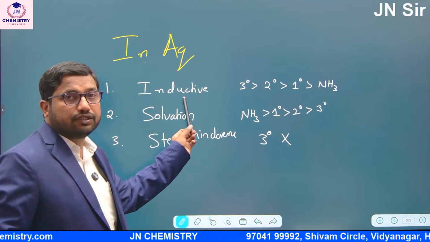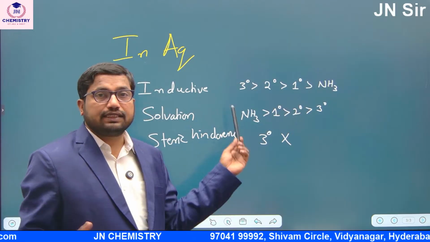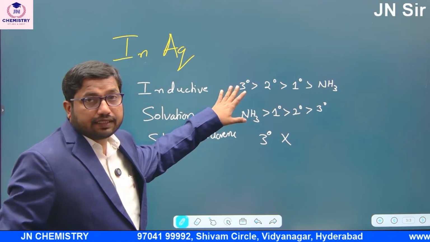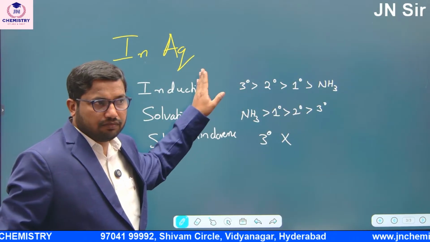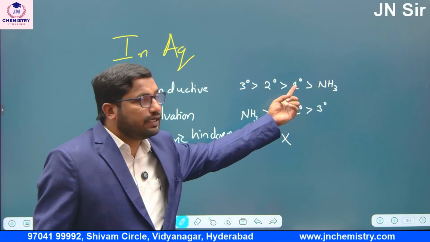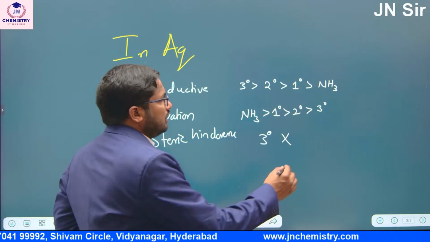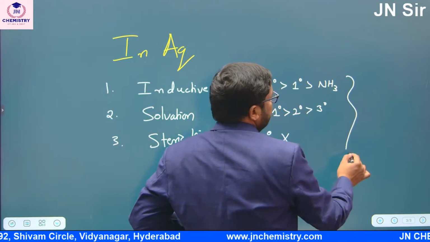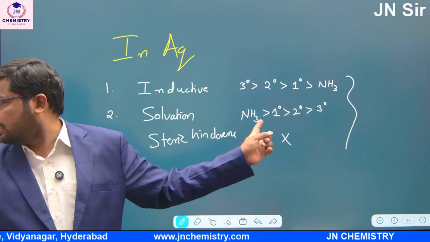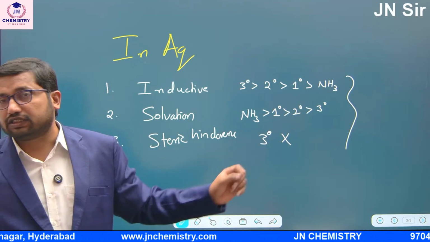I already explained inductive effect. 3 degree means it is directly attached to three plus I groups, so it is more basic because more electrons are coming, then 2 degree and 1 degree. But in aqueous case, solvation effect is important.